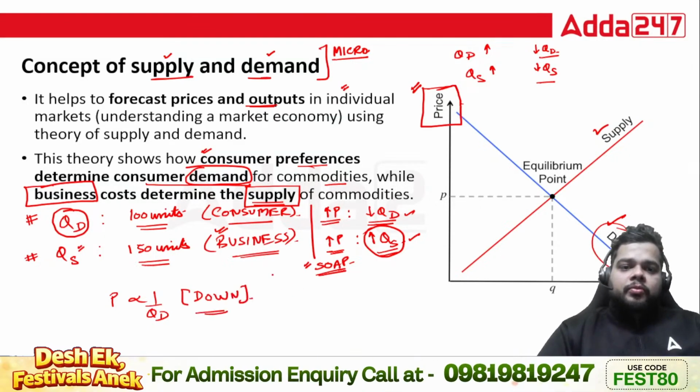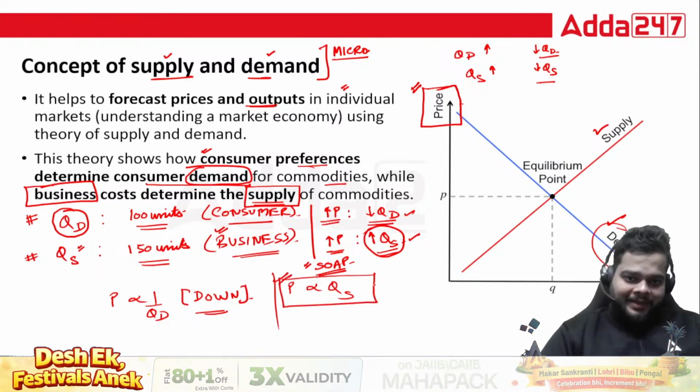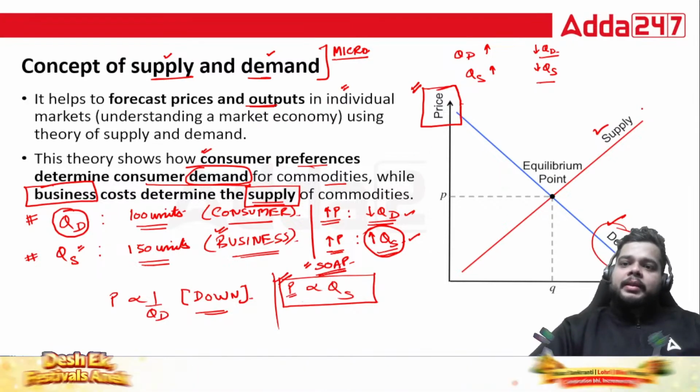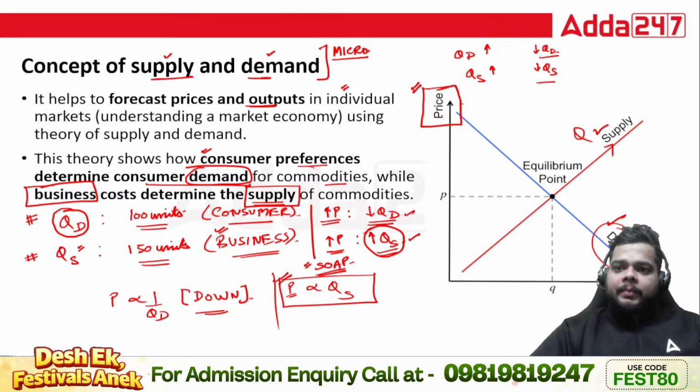And as we move to the relationship between price and quantity supplied, there is a direct relation. Why? Because the business firms want to maximize the profit at higher price. So you will find an upward sloping graphical representation between price and quantity supplied.